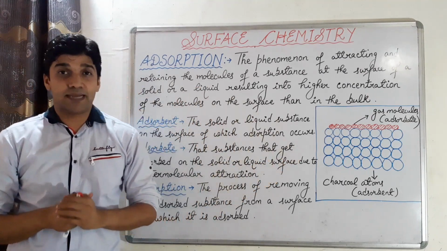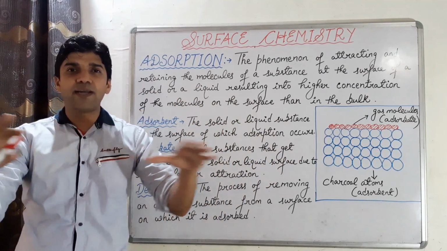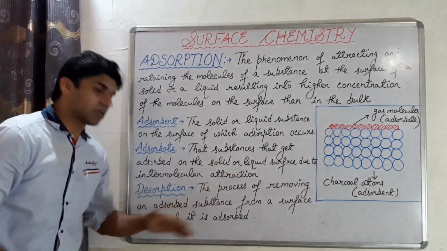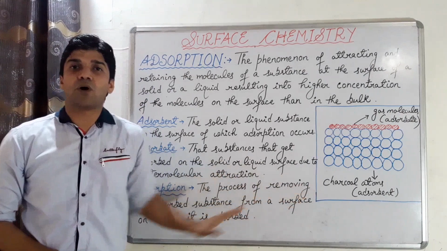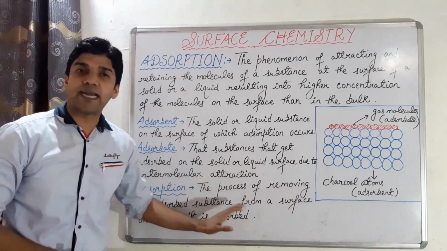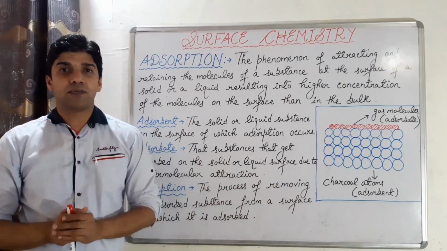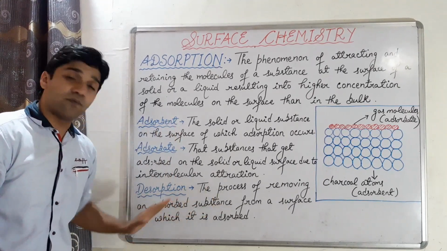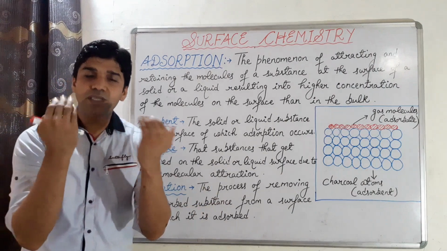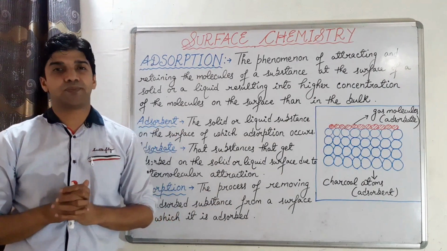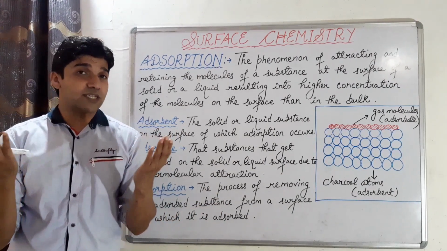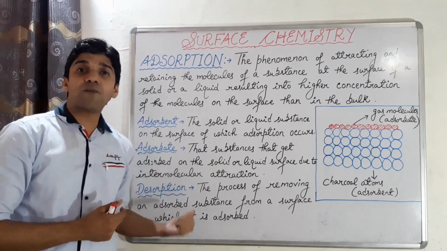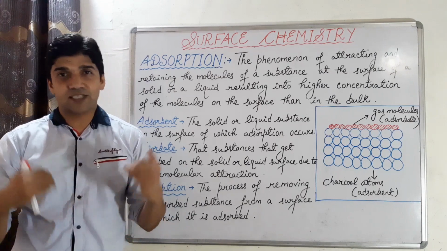So that's about adsorption, adsorbent और adsorbate. अब आते हैं desorption. Desorption is the reverse of adsorption, that means the process of removing the adsorbed substance from the surface on which it is adsorbed, that process is called desorption. आपसे पूछते हैं एग्जाम में, बोर्ड एग्जाम में, what is the role of desorption in the process of catalysis? इसका आंसर क्या होगा?